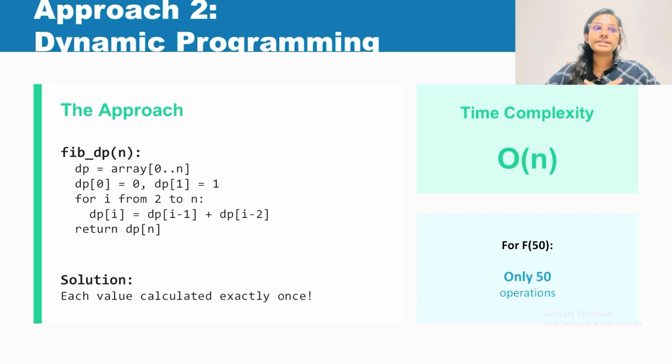For n equals 30, recursion explodes to over 2 million operations. Dynamic programming needs only 30. And for n equals 40, we are looking at over 331 million operations for recursion versus just 40 for dynamic programming.